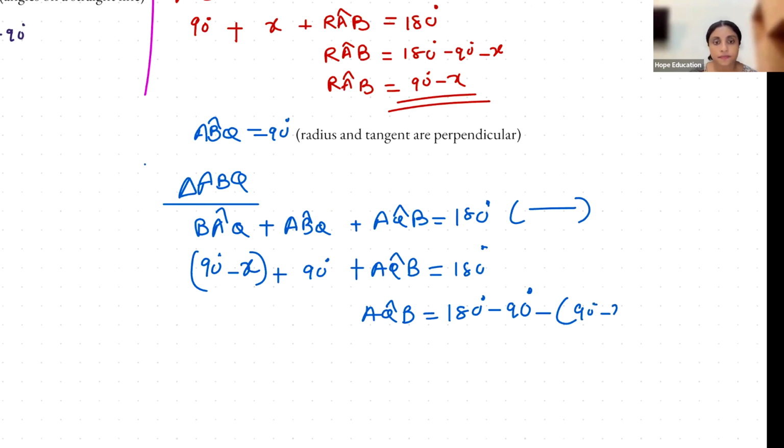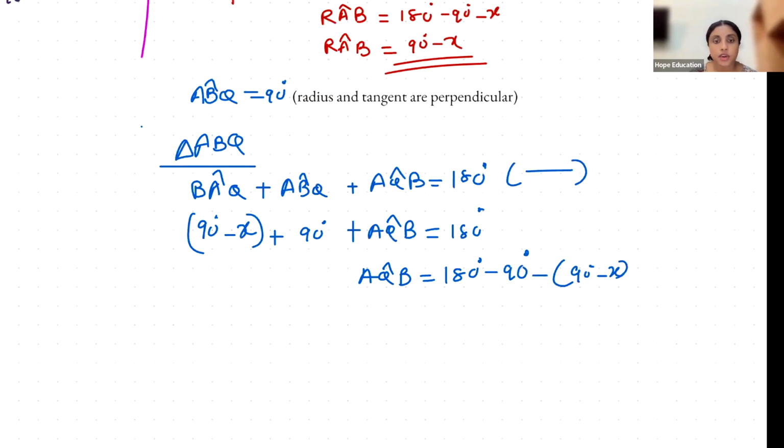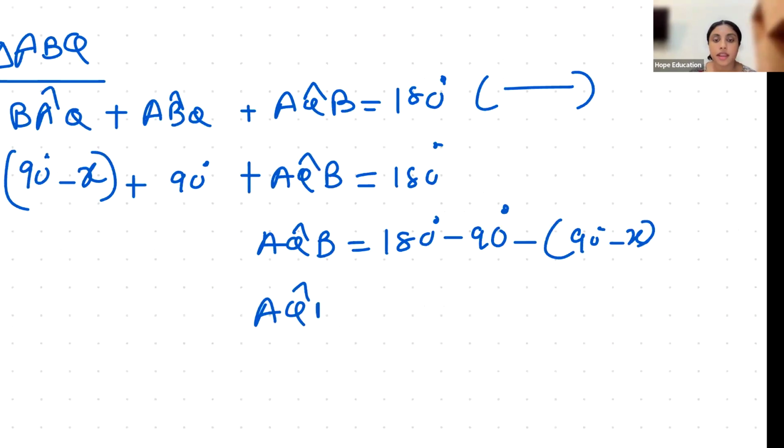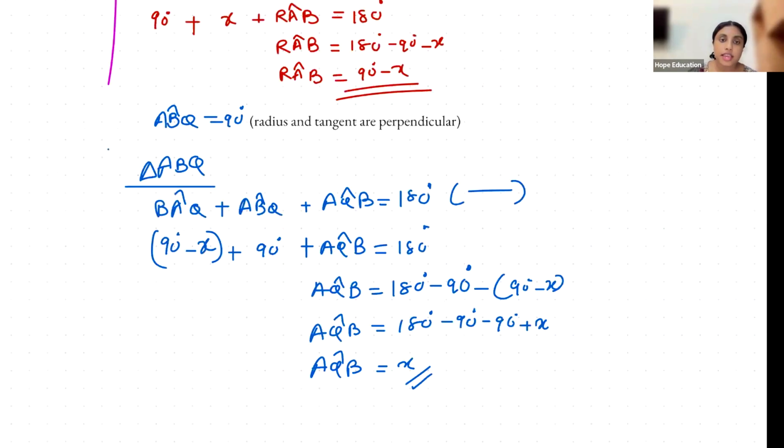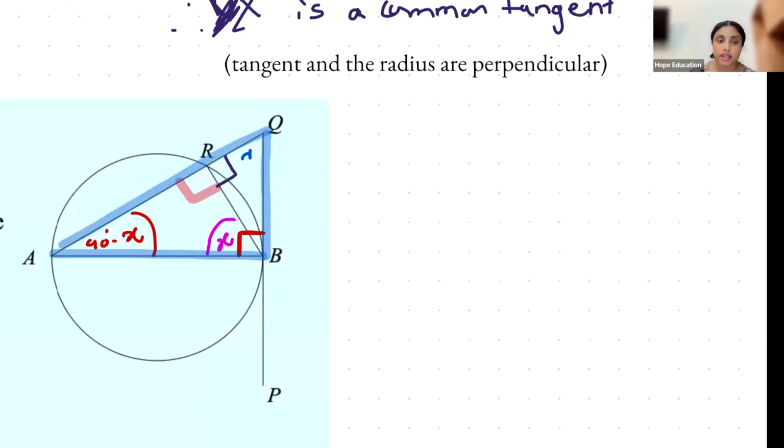So AQB equals 180 minus 90, minus times plus is minus, minus times minus is plus. So 180 minus 90 is 90, 90 minus 90 is 0. Therefore, AQB is equal to x. So here AQB is also equal to x, which is RQB.